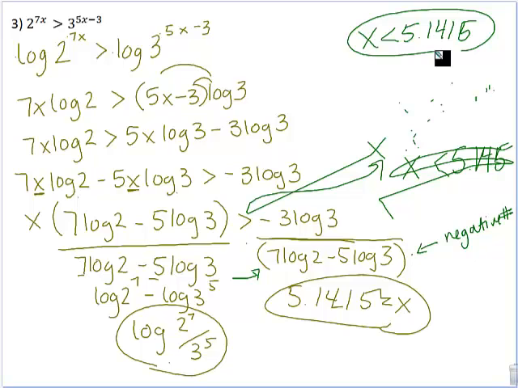Okay, we're going to do one more example together. That is this one. 4 to the p minus 1 is less than or equal to 3 to the p. So once again, we want to keep the inequality signs throughout. And we're going to take the log of both sides.